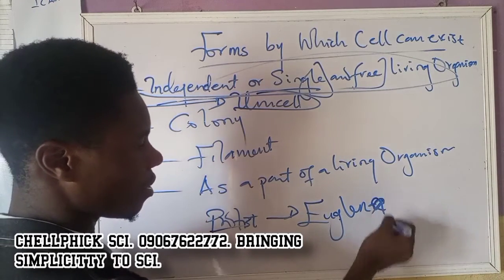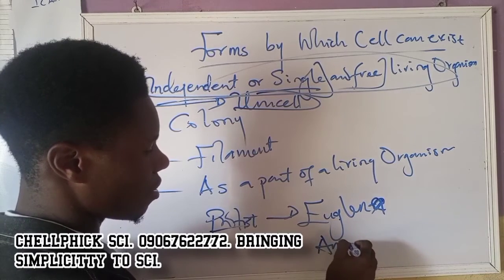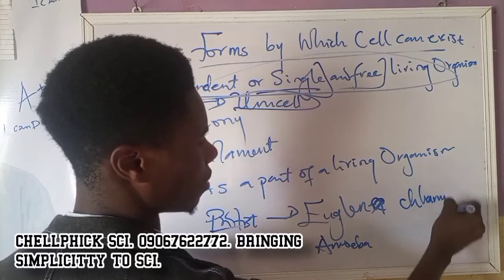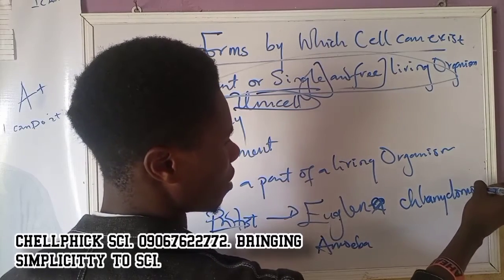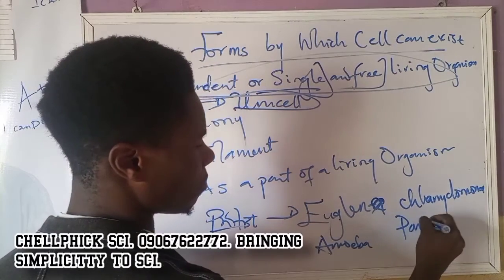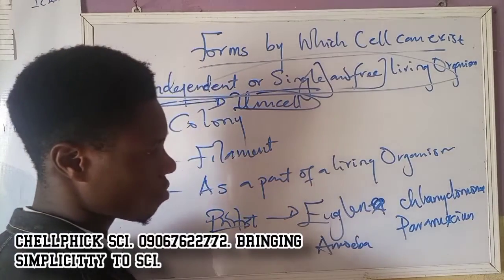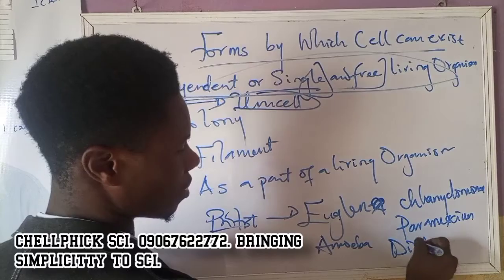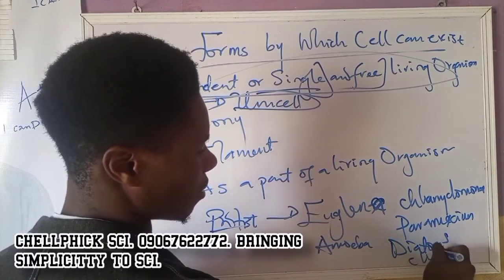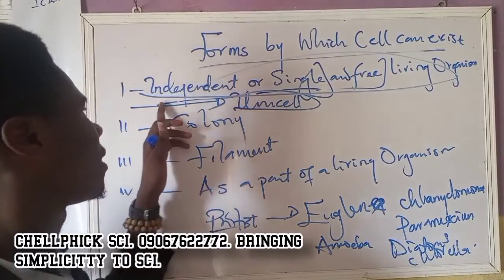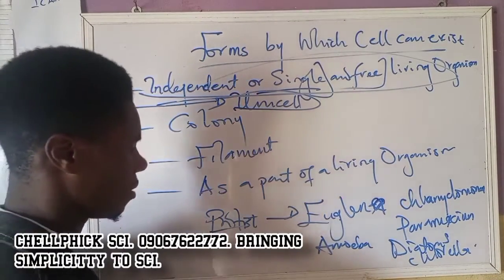We have Euglena, Amoeba, Chlamydomonas, Paramecium, Diatoms, and Chlorella.